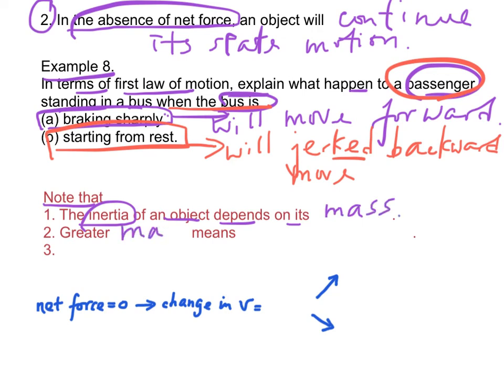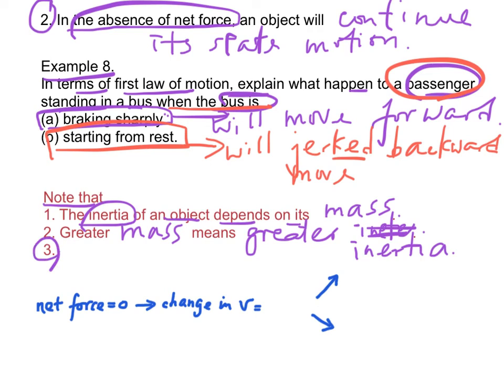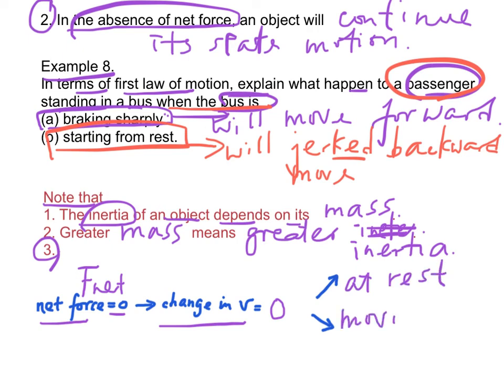Greater mass means greater inertia. Also, if net force is equal to 0, the change in velocity of a body will be equal to 0, implying that the body is either at rest or moving at uniform velocity.